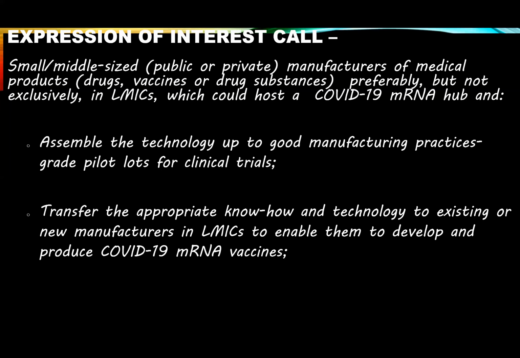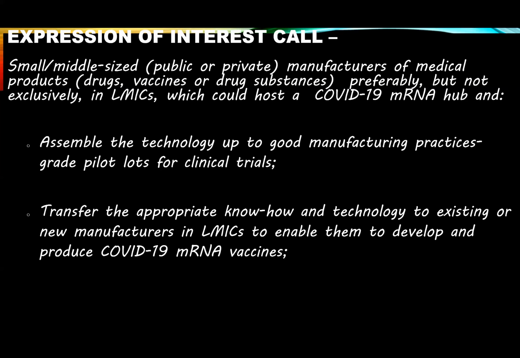The aim was to assemble this technology to good manufacturing practices, so that at these different spots more vaccines can be produced, and to be able to transfer the technology from those countries that have the capacity and the know-how to those who are ready to start producing vaccines in the low to middle income countries, again focusing on the COVID mRNA vaccine.